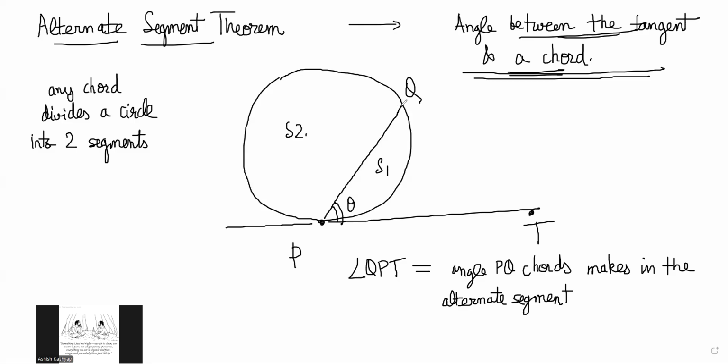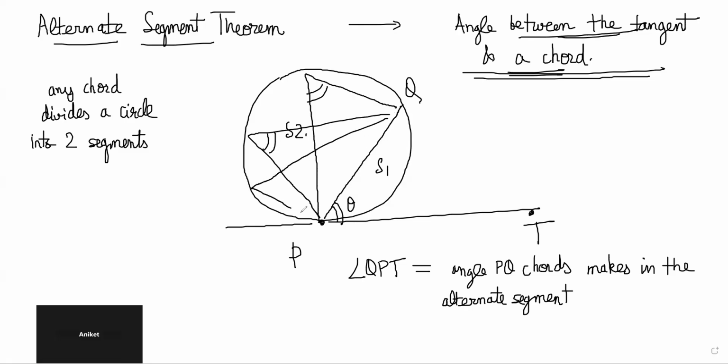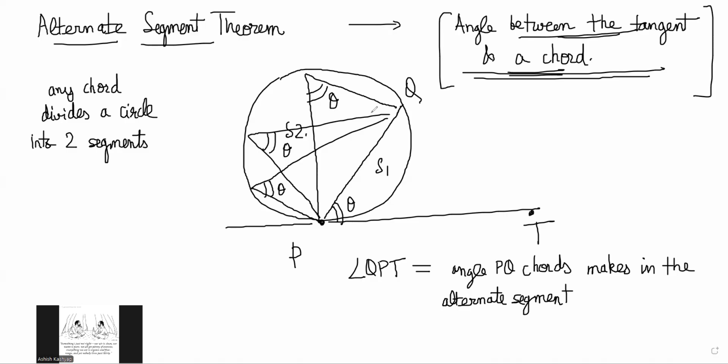You take Q and join it to any point in that segment on the circumference, this angle, or it could be this angle. All the angles will be same, right? So all of these angles are going to be theta. That's the theorem: the angle between tangent and a chord is equal to the angle that the chord makes in the alternate segment. And now you have to prove it.